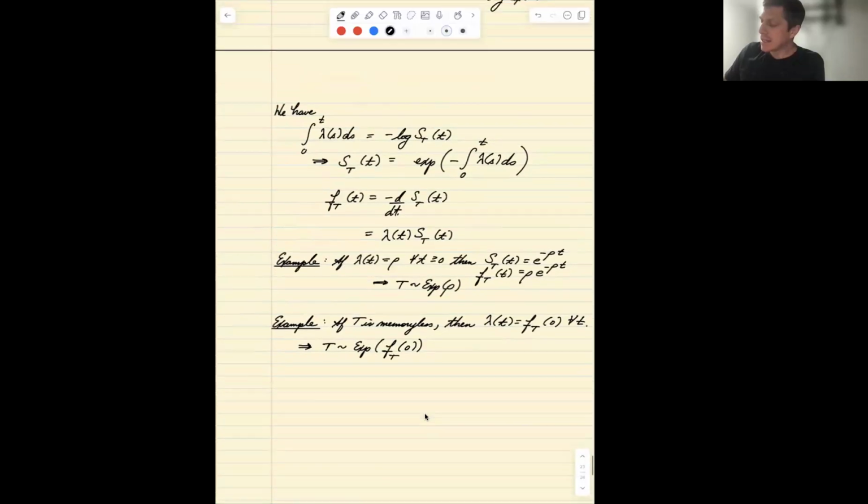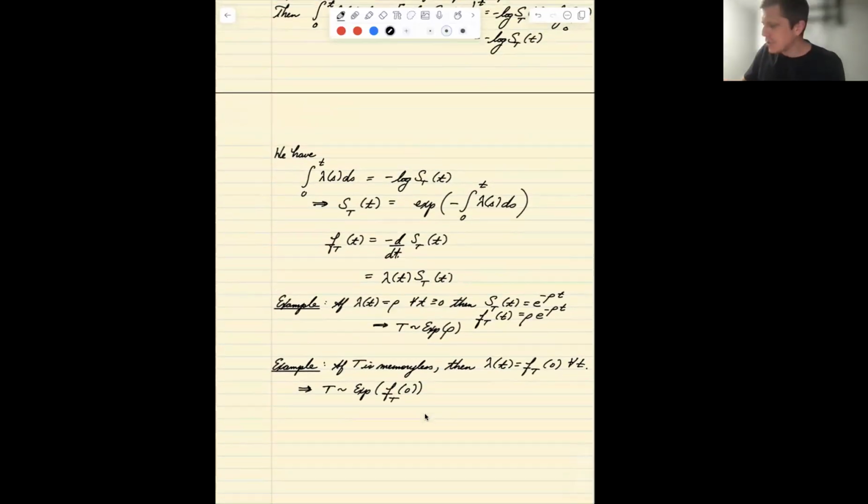So that's a little bit on hazard functions. What makes hazard functions nice in specific settings is that we specify the hazard function and immediately get the density and the survival function. So we have a straightforward way to describe the distribution.